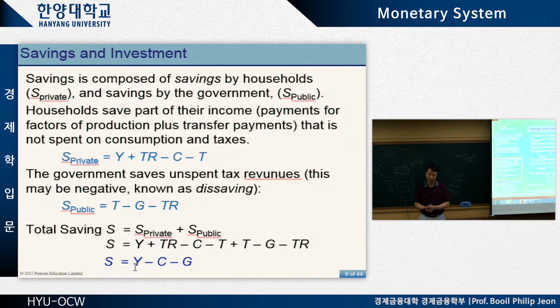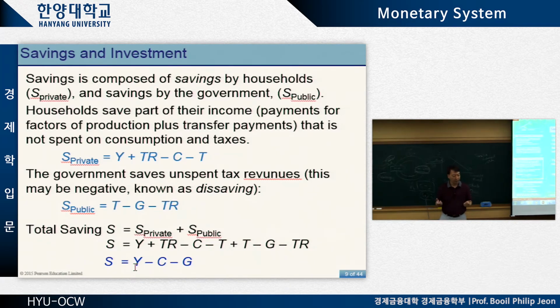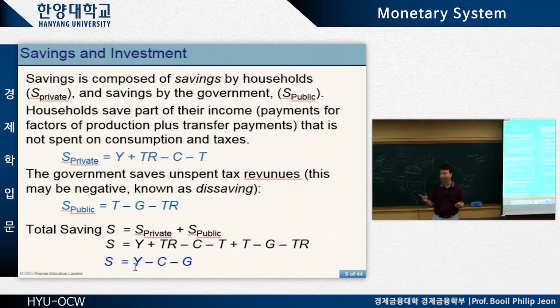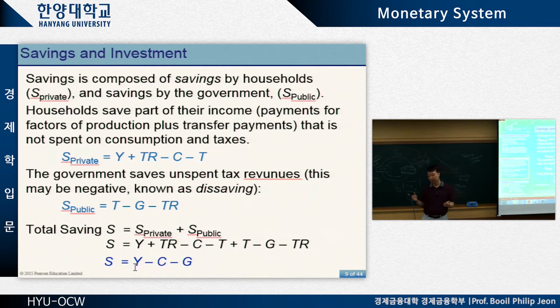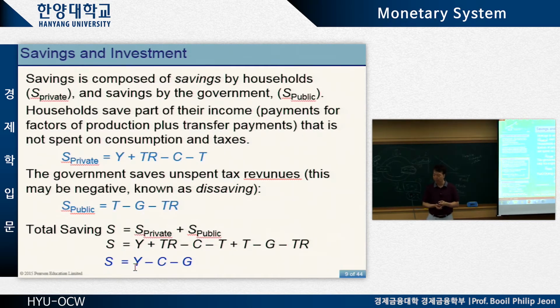So by providing the resources to the businesses, households receive the payment, and out of that total payment, tax is paid, right? And government simply uses this tax money to pay the transfer payment, right?